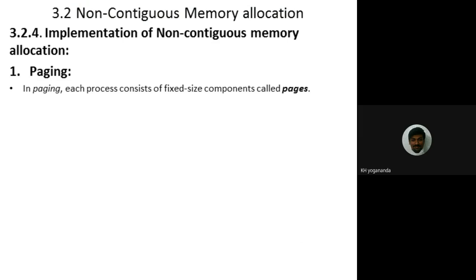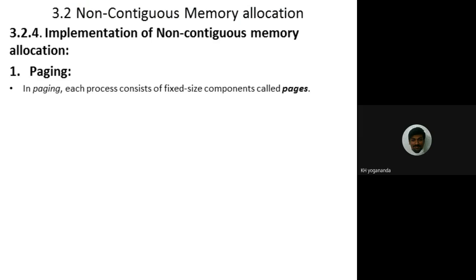Now we are in the non-contiguous memory allocation technique, and we are learning its implementation, how to implement non-contiguous memory allocation. Please bear in mind that we are talking about the memory area, and a process will be allocated the memory area.